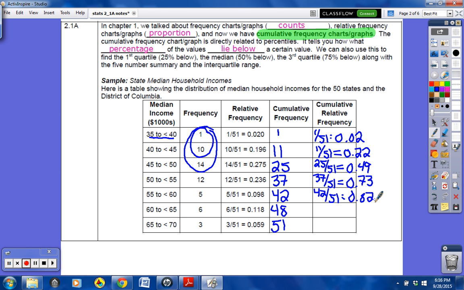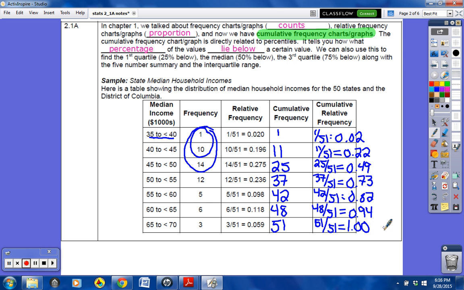And then we have 48 divided by 51. And then 51 divided by 51, which gives us 1.